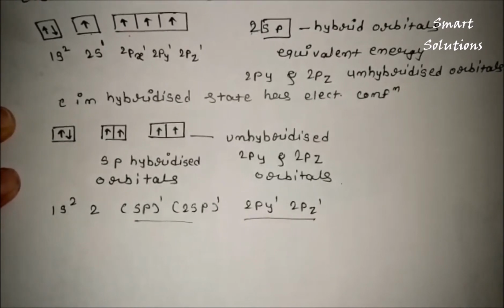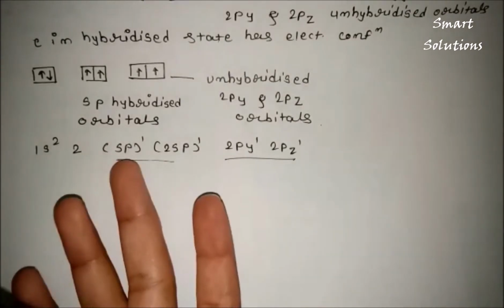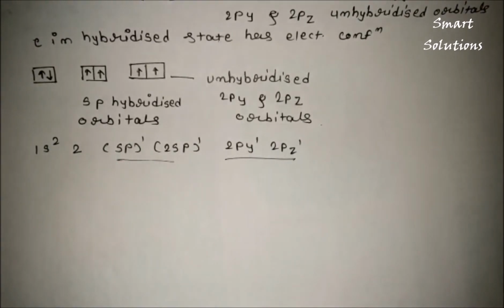Next, what is happening in these hybridized and unhybridized orbitals?